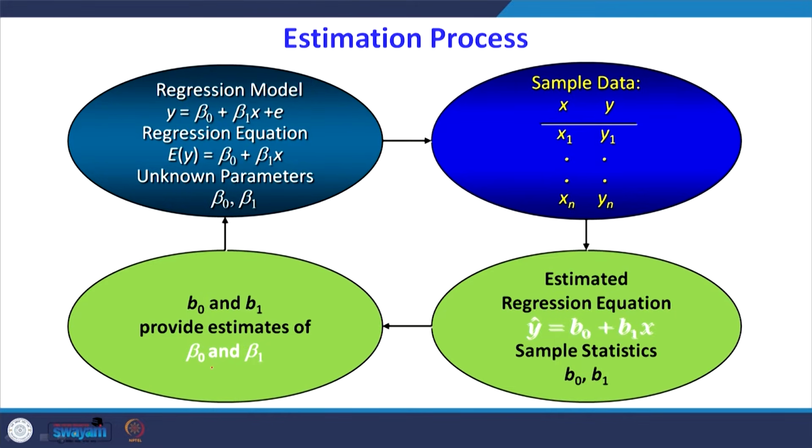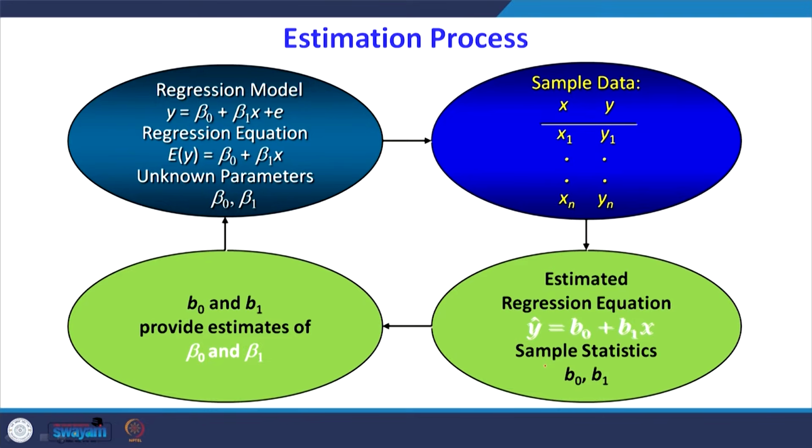Now I am going to estimate whether the values of beta 1 and beta 0 are valid even at the population level. What is the meaning of that? Sometimes, with the help of a sample you can construct a regression equation y hat equal to b0 plus b1 x.